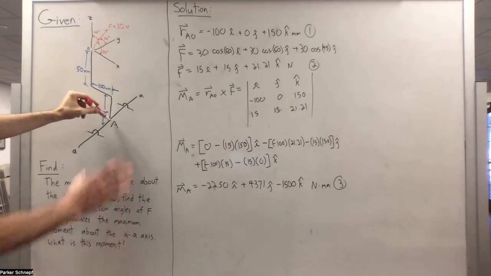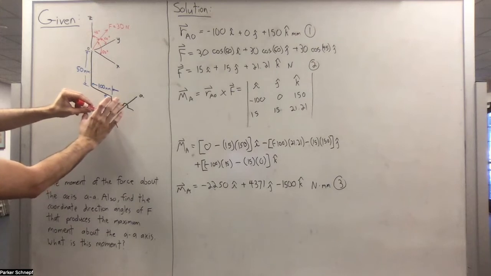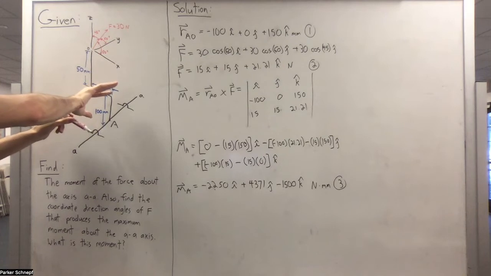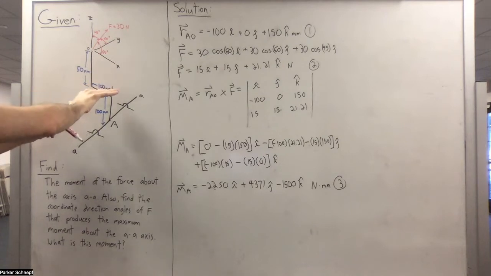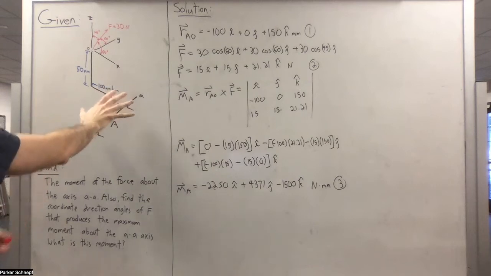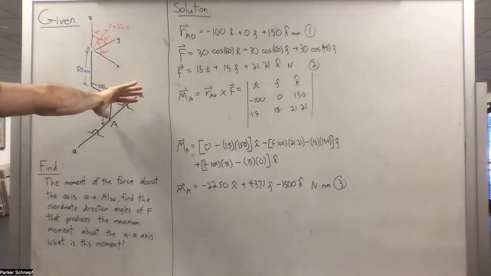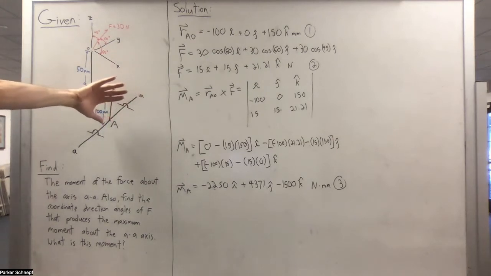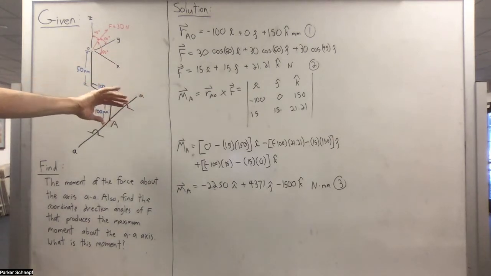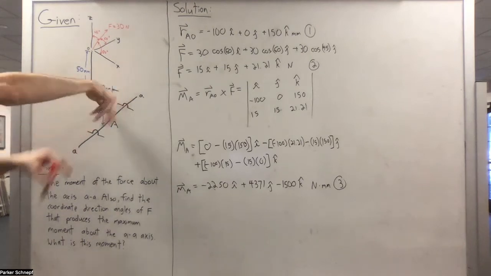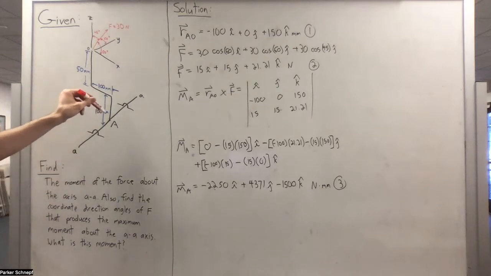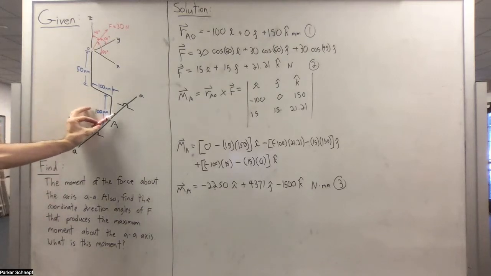It's going to be trying to twist about point A in this kind of 3D direction. It's going to cause a twist, you know, into the board like this. You probably can't visualize that super well, but what we need to do is find the component of that vector that lines up with the axis we're going to rotate about, AA.